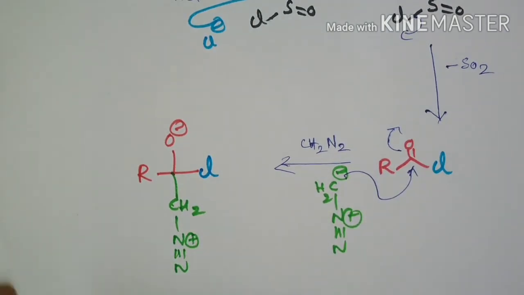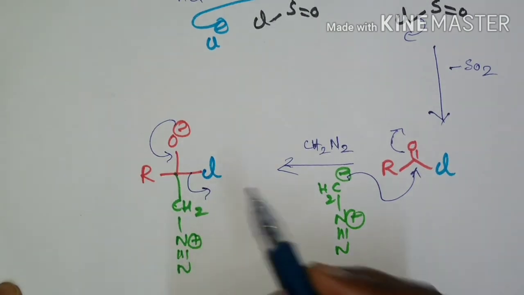This intermediate now is going to lose a chloride ion.